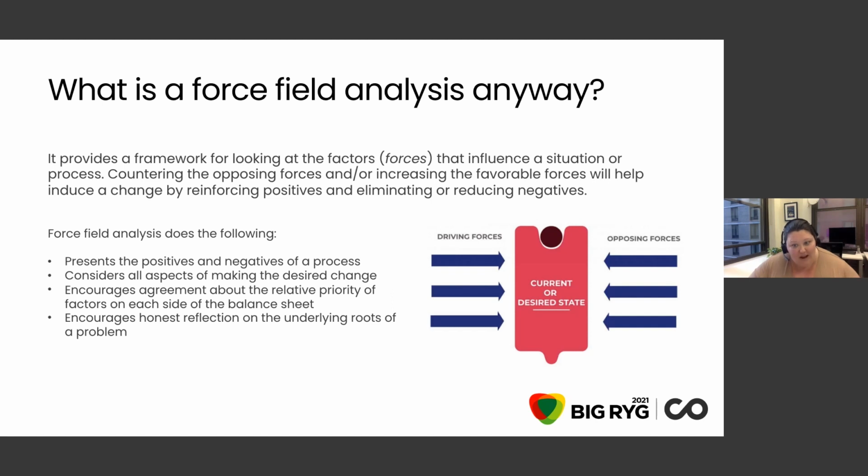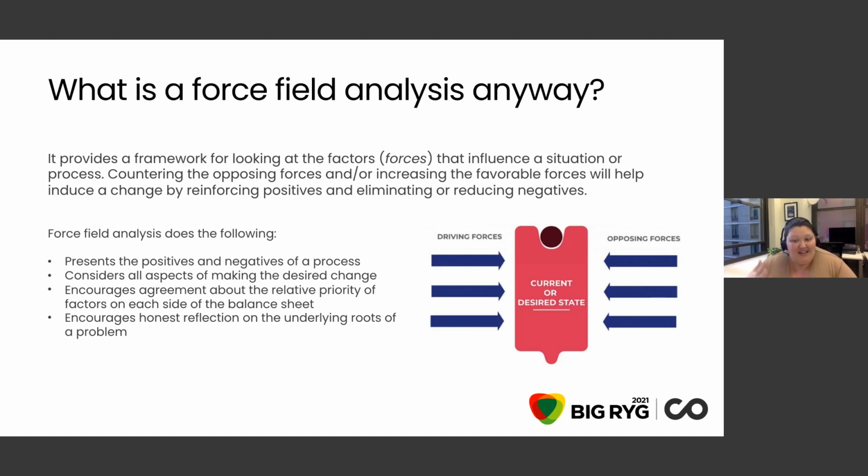Or on the other hand, we could let gravity do its thing and decide to weaken the chair or remove the chair, our restraining force, and we would get to the same result. You're on the floor. So if you've followed me this far, you have basically just completed a force field analysis and you have understood the basic concepts of the model.